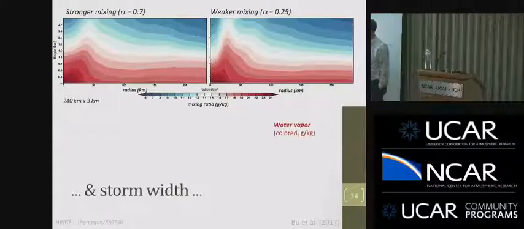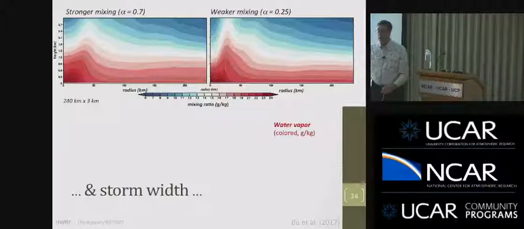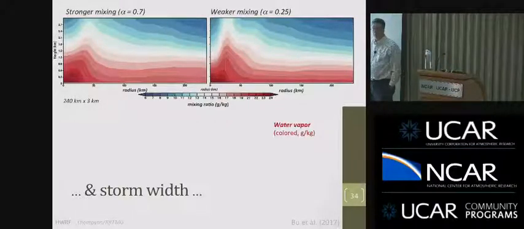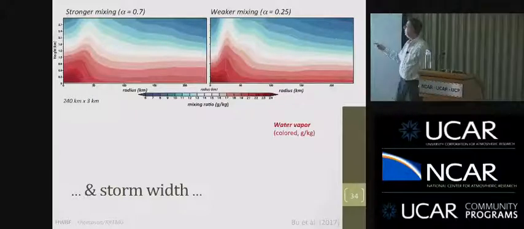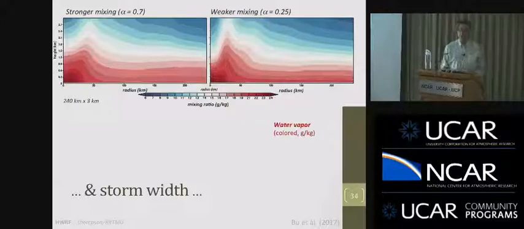And we can see that the absolute humidity is largest within the core. It decreases upward with height. It decreases radially outward. This is for a simulation with a larger value of alpha, which was used in the operational model, and a smaller value of alpha, which results in weaker mixing. And these fields look fairly similar, but if you have sharp eyes, you can see there is a difference.